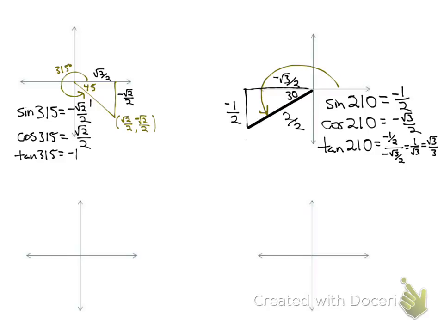Why do you divide all of the side lengths by 2? I wanted to get the hypotenuse to be 1, because when the hypotenuse is 1, sine is the y value, cosine is the x value. Now, if you didn't want to do that, let's say you don't want the fractions. Let's say we just said 30, 60, 90. So this is a 30. You could have said that's negative root 3, and that's negative 1, and that's 2, because in quadrant 3, x and y are negative.